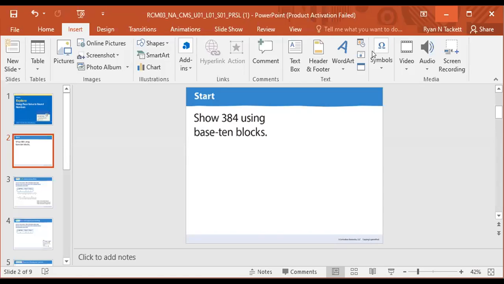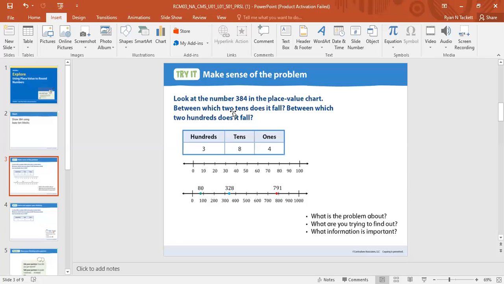giving us the number 384. Now what we're going to do, guys, is look at this number and compare it on the number line to see where our tens place falls between and where our hundreds place falls between. All right, guys, so we had 384. We're going to look at this place value chart and see between which two tens it falls and between which two hundreds it falls.